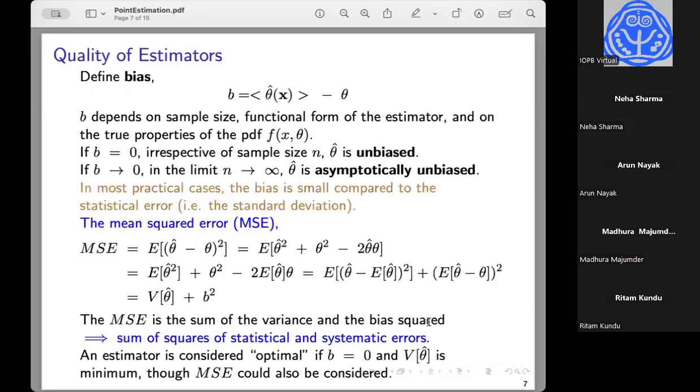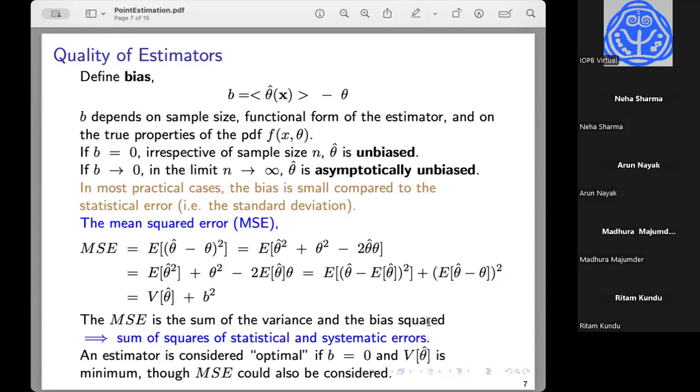Now we introduce something called bias, which determines the quality of your estimators. The bias is defined as b equal to the expectation value of this estimator theta hat, which depends on your observation x, minus the actual value of the parameter theta, which is not known.